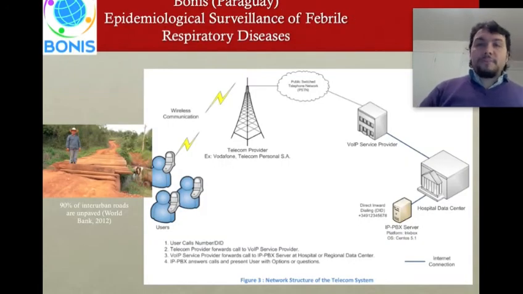Project Bonis in Paraguay is a project for epidemiological surveillance of febrile respiratory diseases. Consider that over 90% of interurban roads in Paraguay are unpaved. So it makes a lot of sense to attempt to identify potentially problematic epidemic respiratory diseases using mobile technologies which are available throughout the country.